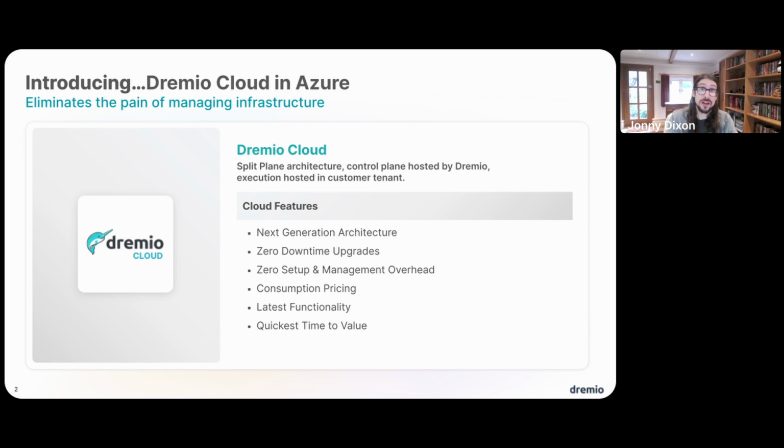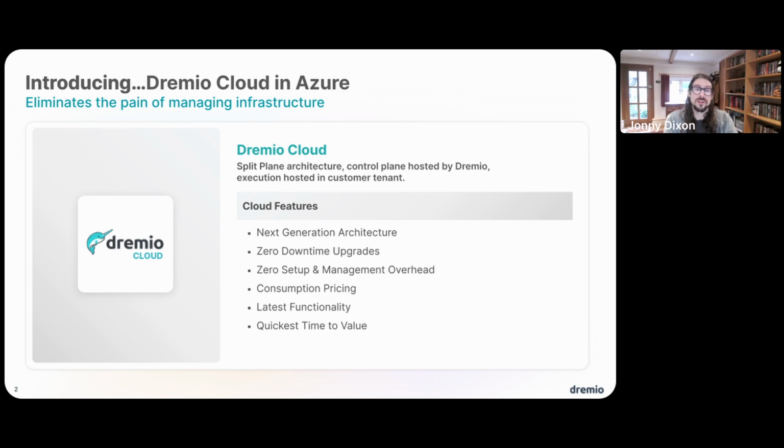Now, when we look at the cloud features themselves, we'll drill down into pieces around our next generation architecture and how it achieves all of those things I've just said. Dremio Cloud also has zero downtime upgrades. Now, what that means is that from a management side of things, there is nothing that's required from a customer around performing upgrades. Dremio Cloud will take care of that automatically.